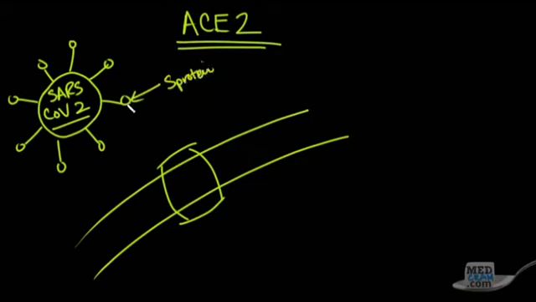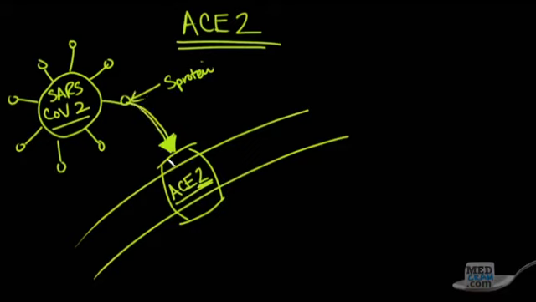And the receptor for this is on the surface of the cell, specifically cells that are found in the lung, the type 2 pneumocyte it's known as, and also in the GI tract. And this receptor is known as ACE2. And that's really important for you to understand, ACE2. This is where the S protein docks.